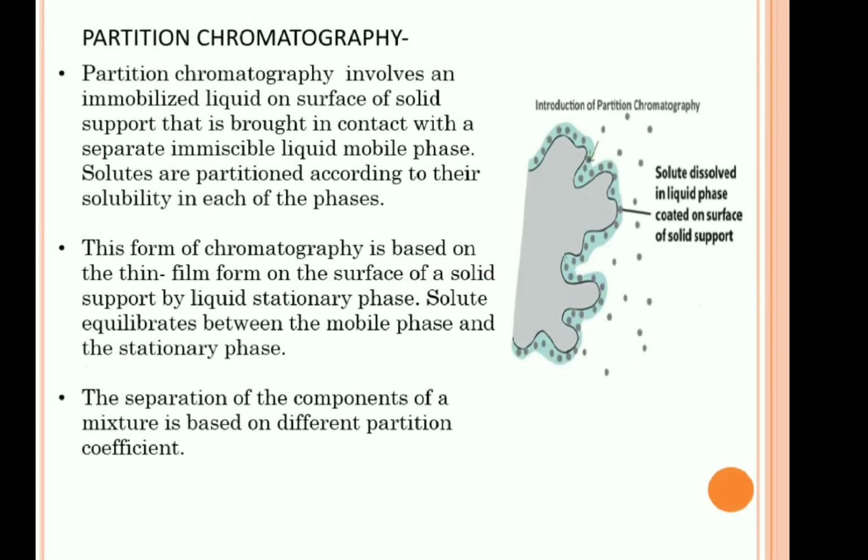Then partition chromatography. This partition chromatography is a mechanism in which both the phases are solvents, but one phase is immobilized. This mechanism can be used in other different techniques of chromatography, like thin film chromatography.